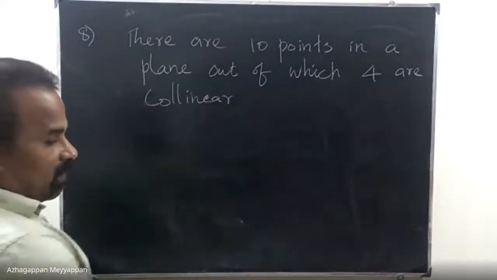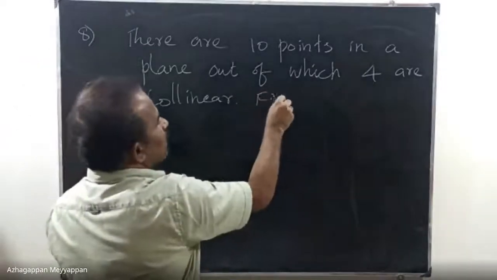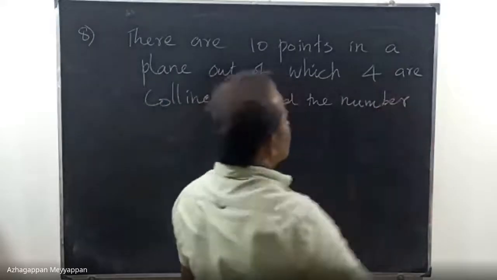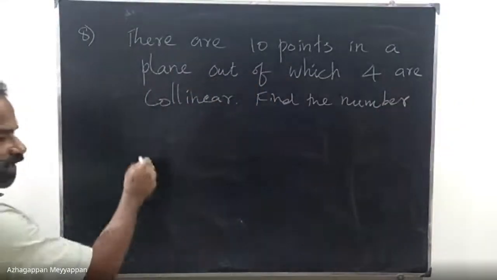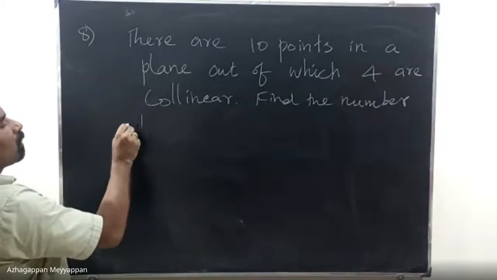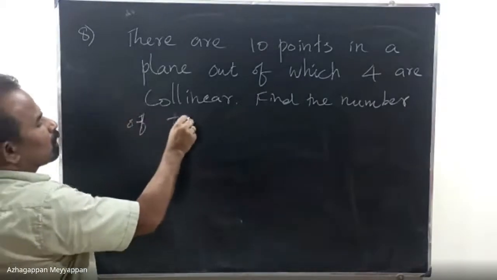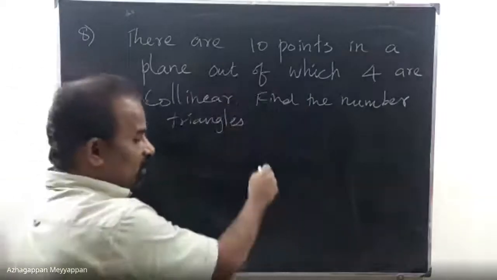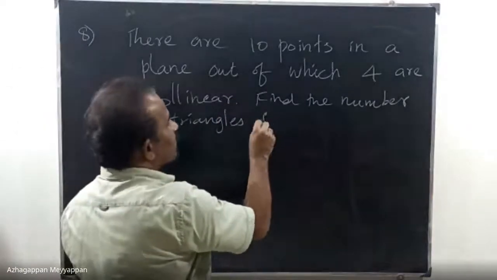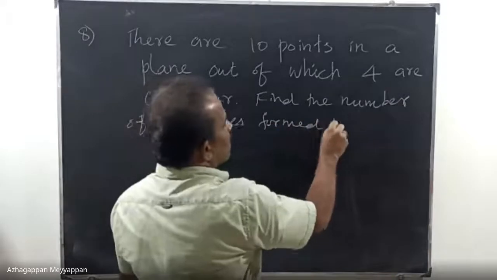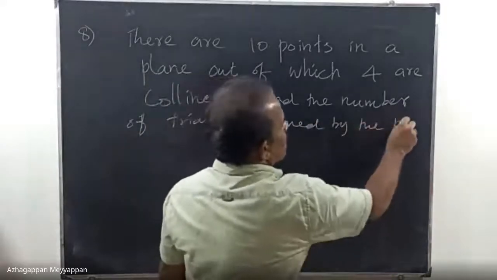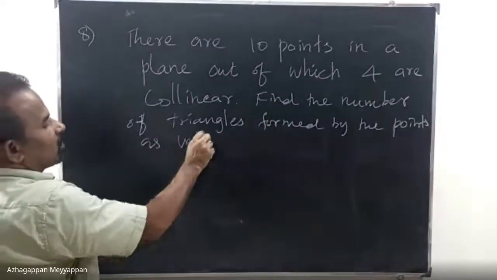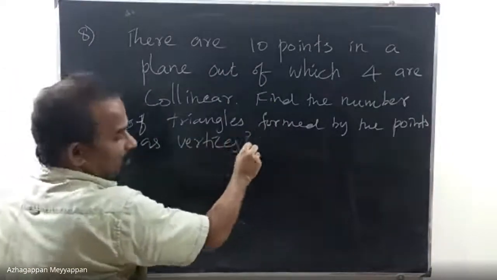Find the number of triangles formed by the points as vertices.